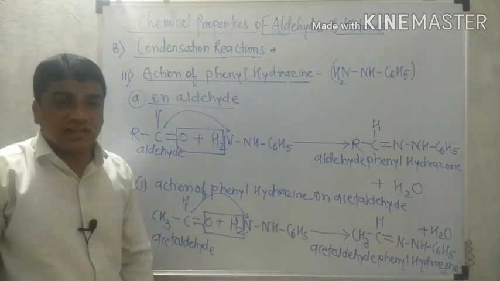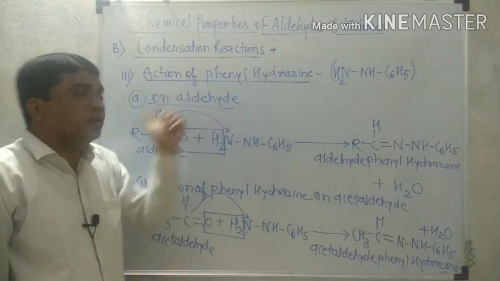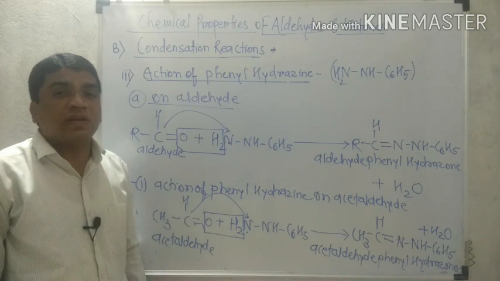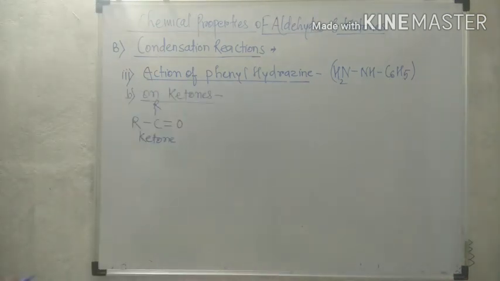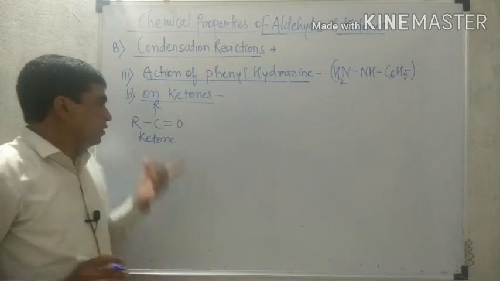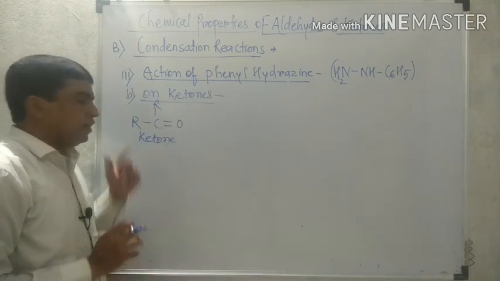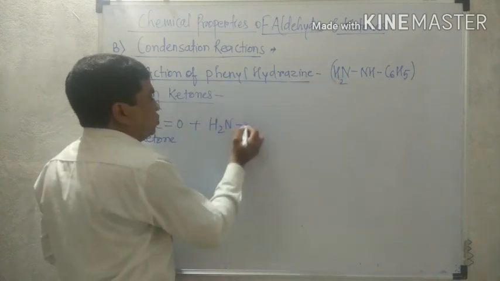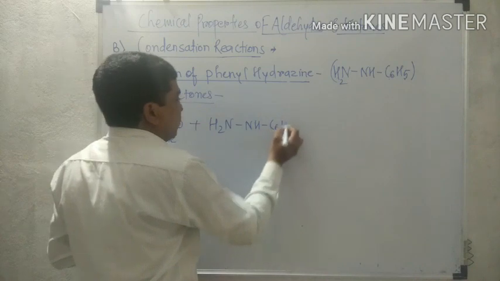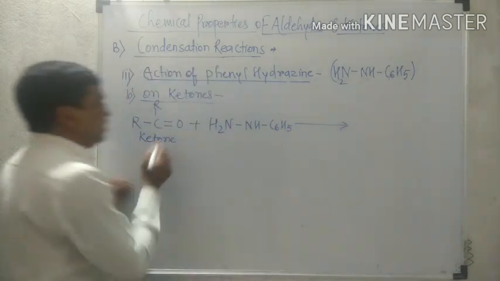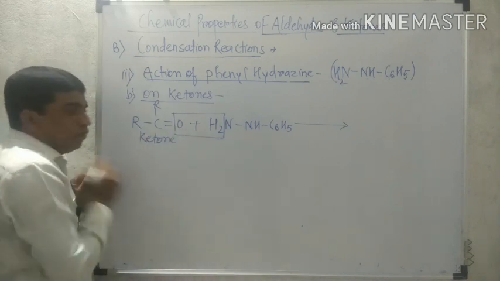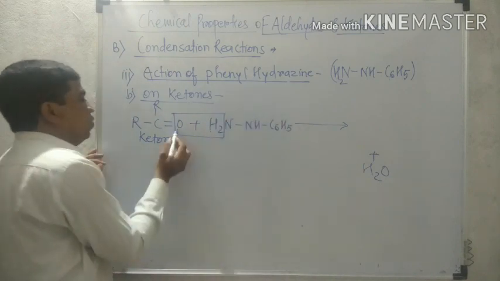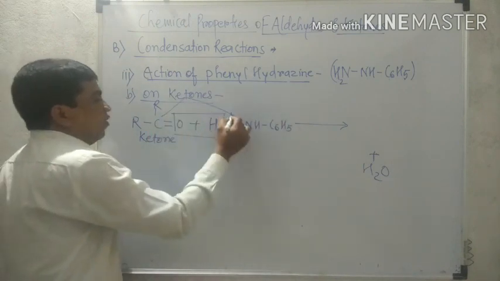Now the second reaction is the action of phenylhydrazine on ketone. When ketone, R2C=O, reacts with phenylhydrazine, NH2NHC6H5, a water molecule forms as a byproduct: H2 from phenylhydrazine and O from ketone, and the double bond forms with nitrogen.